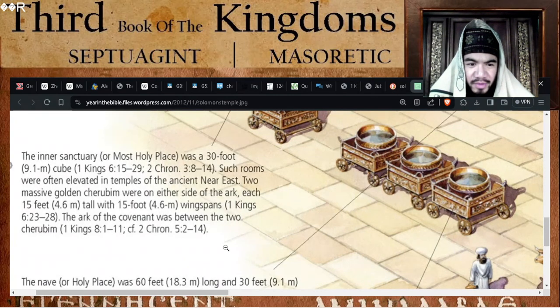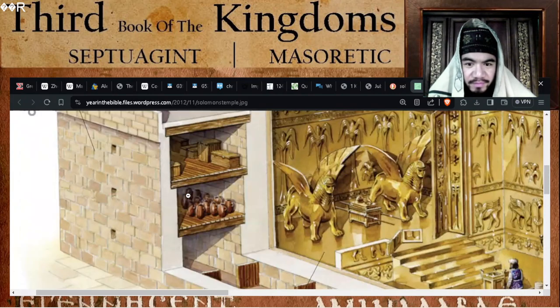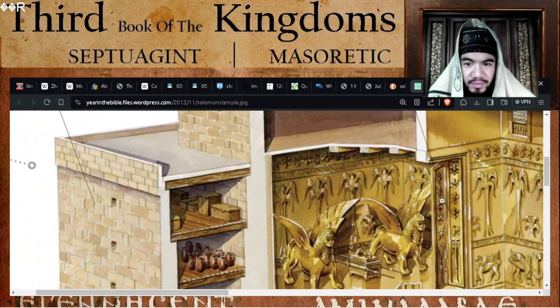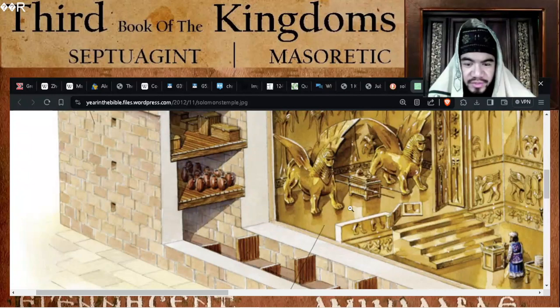The inner sanctuary was the most holy place, a 30-foot cube, with the golden cherubim, 15 feet tall, with 15-foot wingspans. Interesting, it's a cube. And now we'll look at the video. It's about a minute long.